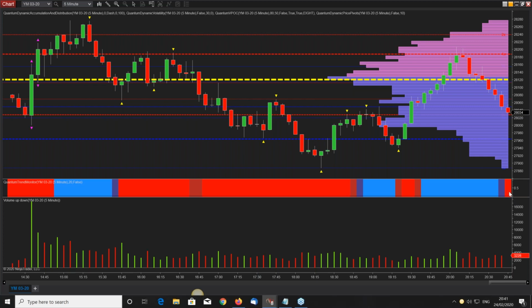Trend monitor starting to transition back into bearish. Obviously, we'll wait for the Far East markets to open up now. They'll pick up the baton, and that will be reflected over on Globex as to what the continuation of this move is and how those markets react.